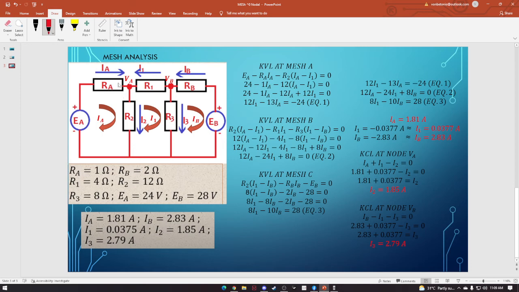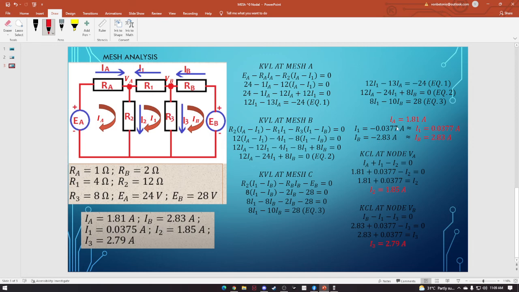IA is entering the node VA, so it's positive. Then I1 is entering, so it's positive I1, and I2 is leaving the node VA, so it's negative I2, equal to 0.